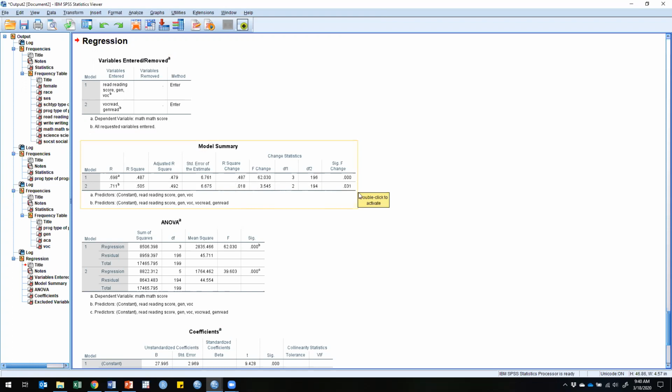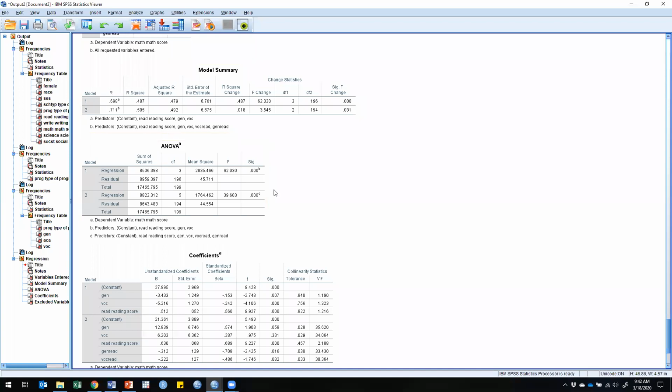That's what this F change statistic is telling us. So the inclusion of the interaction effects is explaining a significant proportion of variance in our dependent variable. So yes, we have a statistically significant interaction effect in this model.